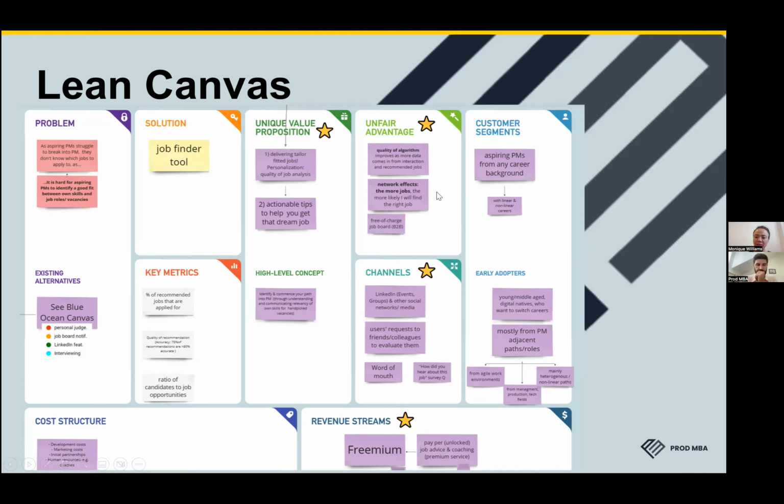Which in this case would mean that the more jobs we have on our platform, the more likely it is to find that perfect match. And so this could have a huge effect on the customer satisfaction, meaning that referrals as well as retention could be impacted positively, right? And that again could mean, well, referrals, it would be easier and less costly than putting in extra money to acquire new customers.